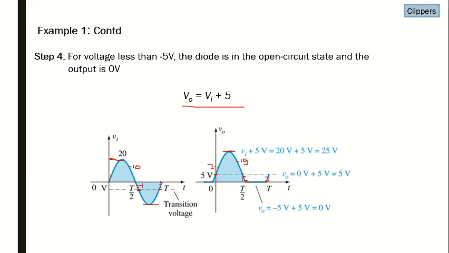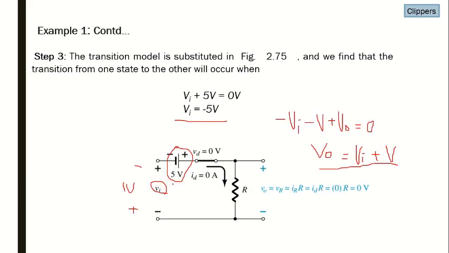When the input is 0, the output will be positive 5. So one complete cycle ends here at this point. This difference is created by a potential V here.